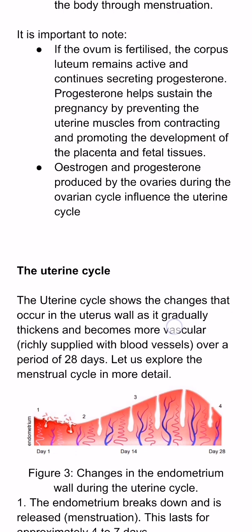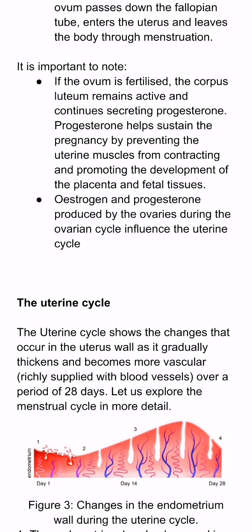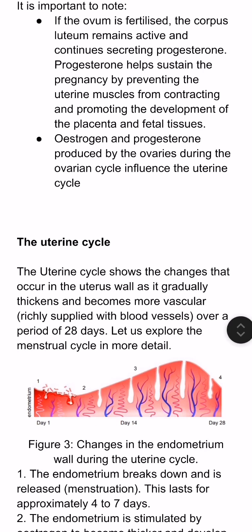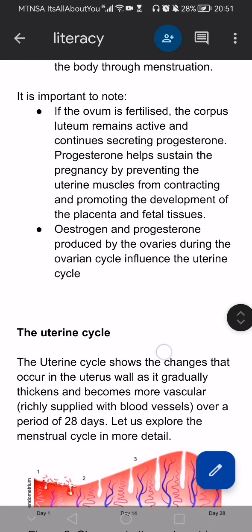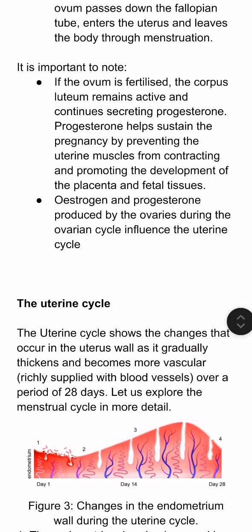So everything that is here has a function. The corpus luteum remains active if conception happens. If fertilization happens, we need it to produce progesterone, which has certain functions when it comes to pregnancy, right?